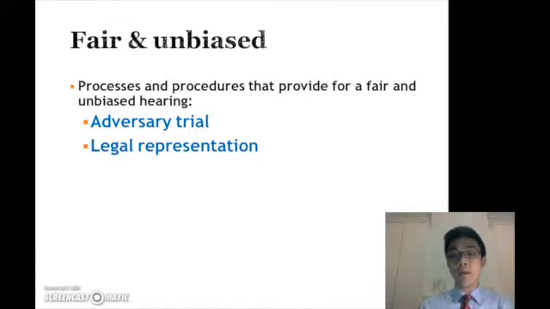We also have this idea of legal representation, that not everyone is an expert in the law and that it makes sense to make sure we have people like lawyers to represent our interests in the court to make sure that procedures are followed.